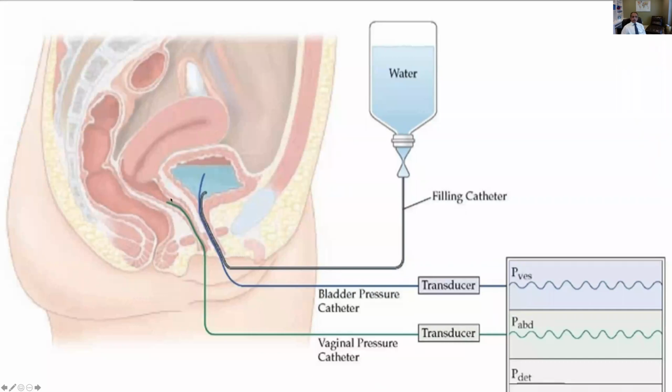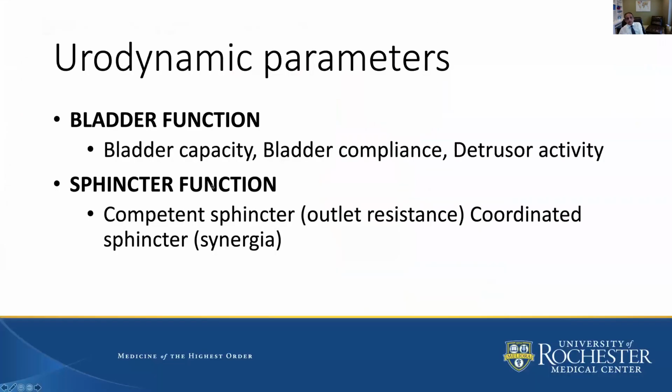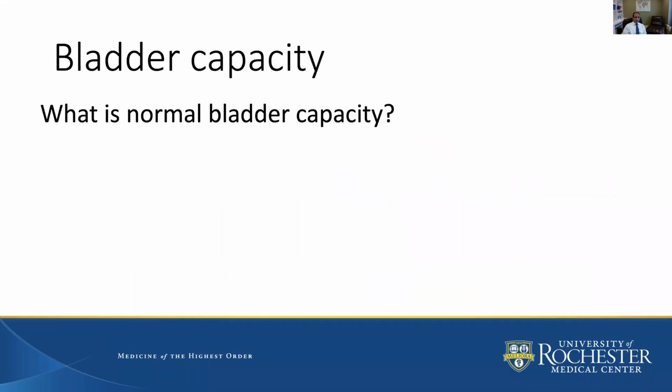And I'm sure you already know that we subtract the abdominal pressure from the bladder pressure to get the detrusor pressure. So with urodynamic parameters, you can see the bladder capacity, bladder compliance, how the detrusor is acting, whether it is overactive or underactive. Similarly, you can assess the sphincter function as well. Is it acting synergistically or non-synergistically?